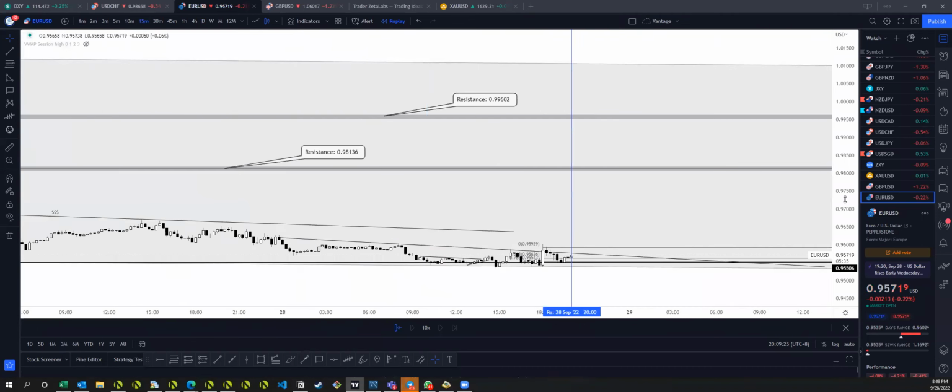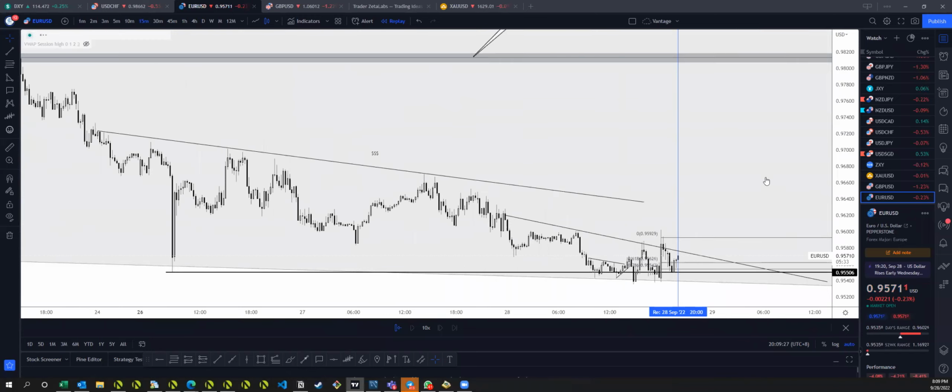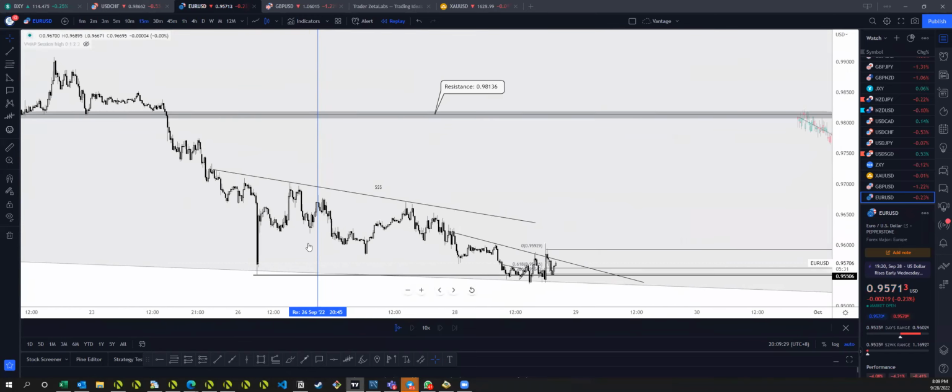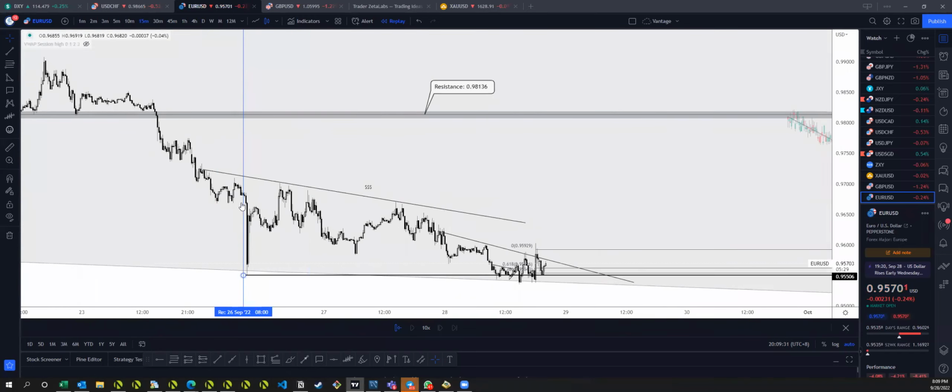Okay, so I'm just going to go through the 15 minutes, what we're seeing here right now. So there's this fall off of the euro dollar, and we have this channel down. So at every point here, as it approaches this downward resistance, right? This point here, sellers are coming in to push the price down further, which means that they have stop losses at these levels, right?